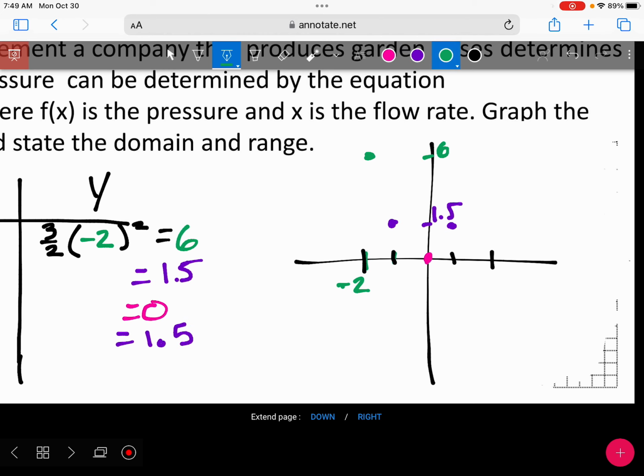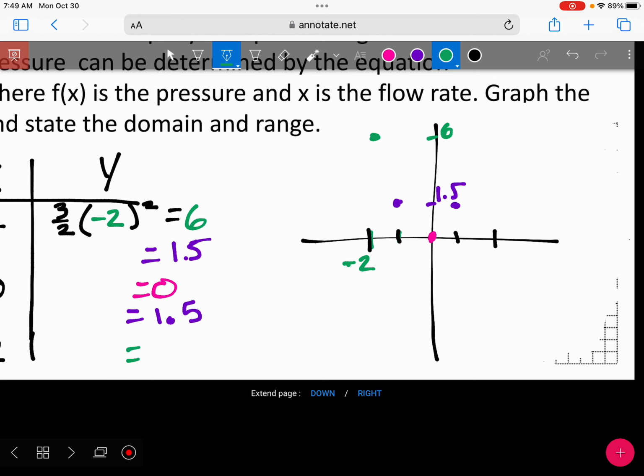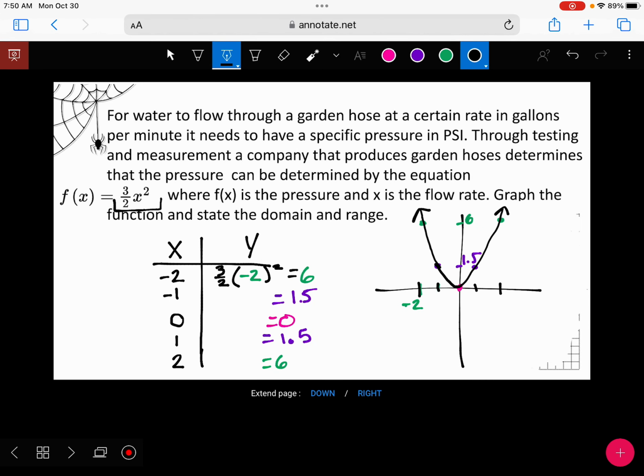And what do we get when we substitute in 2? 6. So we have just graphed our first polynomial function of the chapter, and it's just a parabola. We've worked with a bunch before. So when in doubt, when you're graphing, substitute things into your equation and go from there.